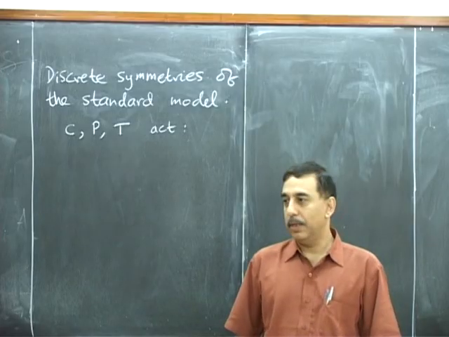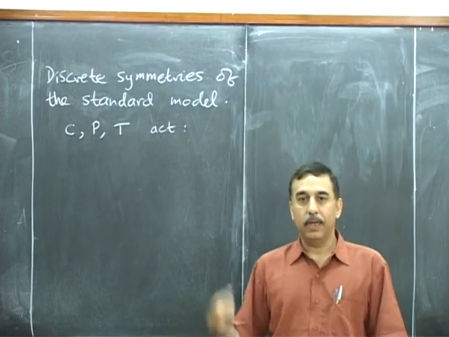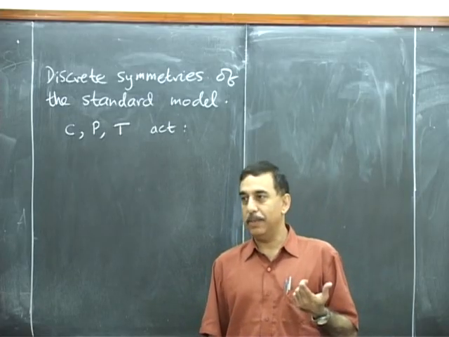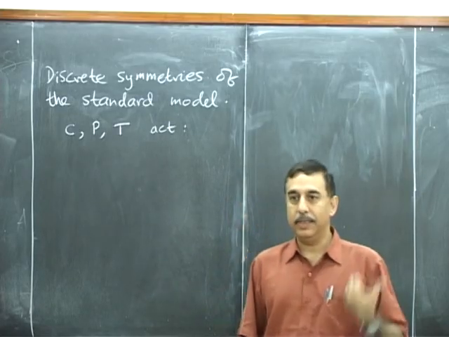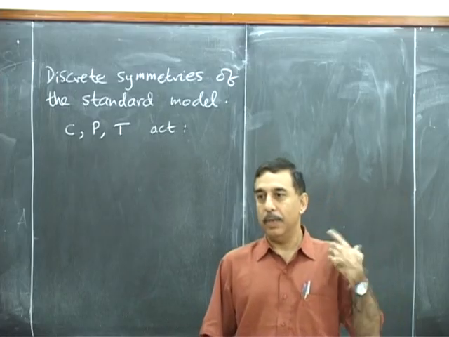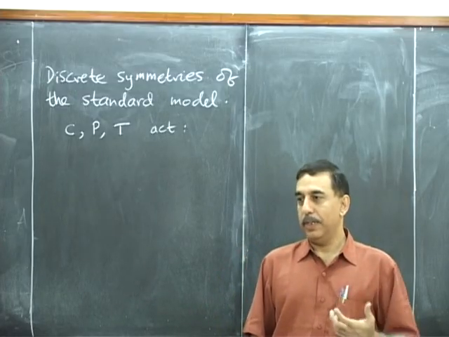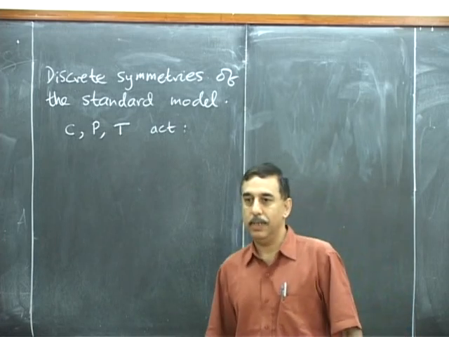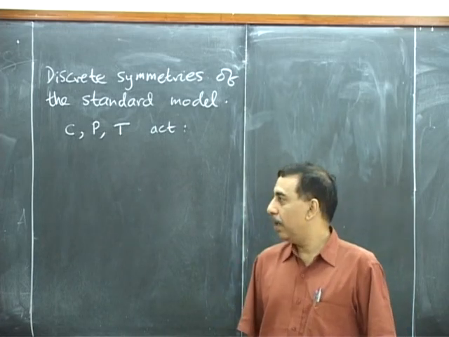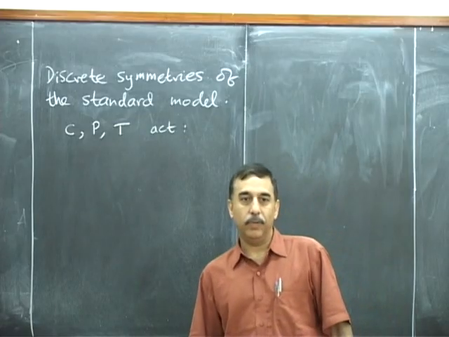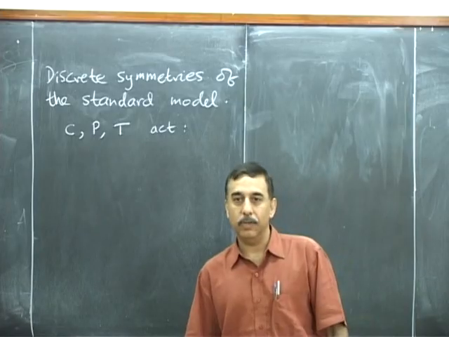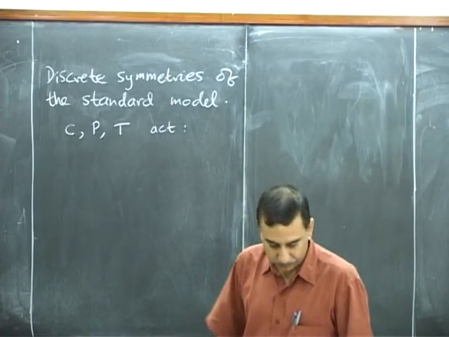So whatever we know about C and P will tell us the answer for T. For example, if C is violated and P is, I'll tell you the answers. We'll find that C is violated, P is violated, but CP is conserved and therefore T is conserved, in some approximation to the standard model. And in some other approximation, when we are more careful, we'll see that CP is also violated. In that case, T is also violated. So T we will never be examining separately.